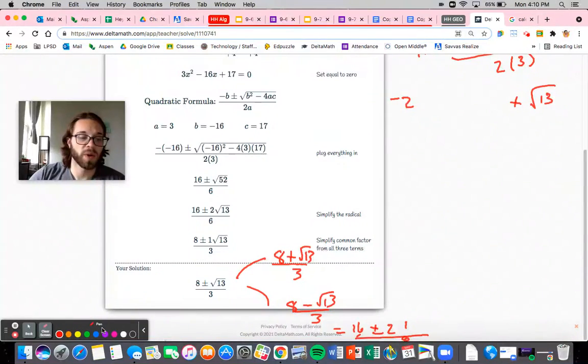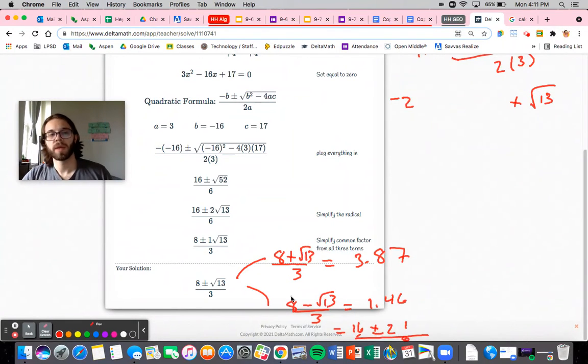That would be 3.87. And if I did 8 minus the square root of 13 divided by 3, that's going to end up being 1.46, right? So when you plug these in, don't forget to simplify as much as possible. As you can see, these are kind of close together.